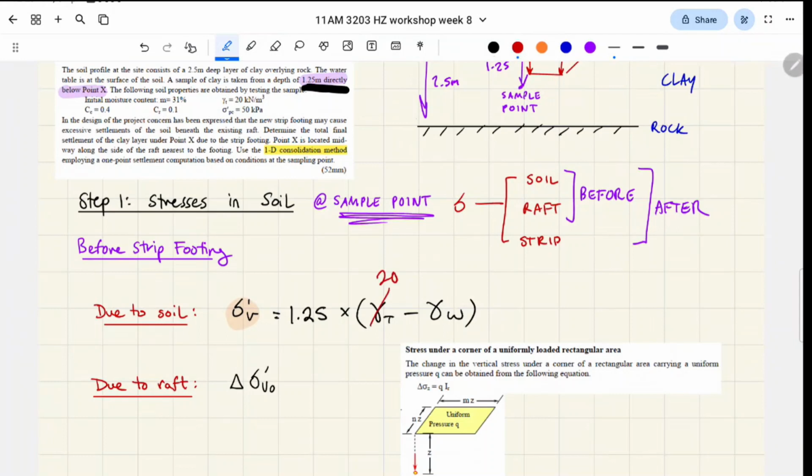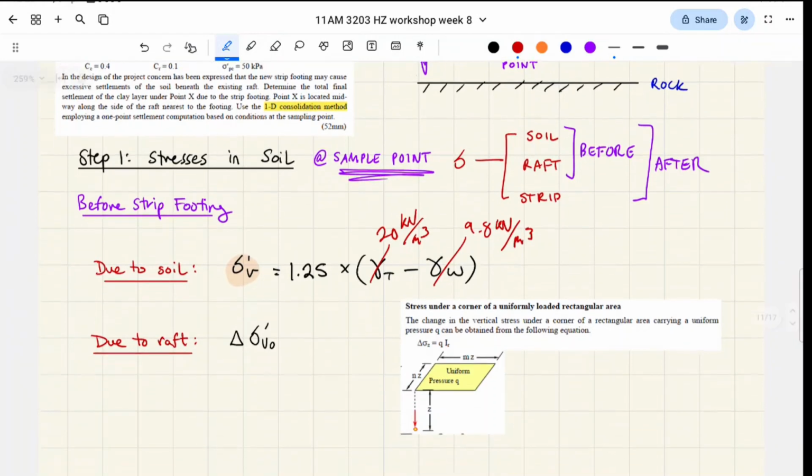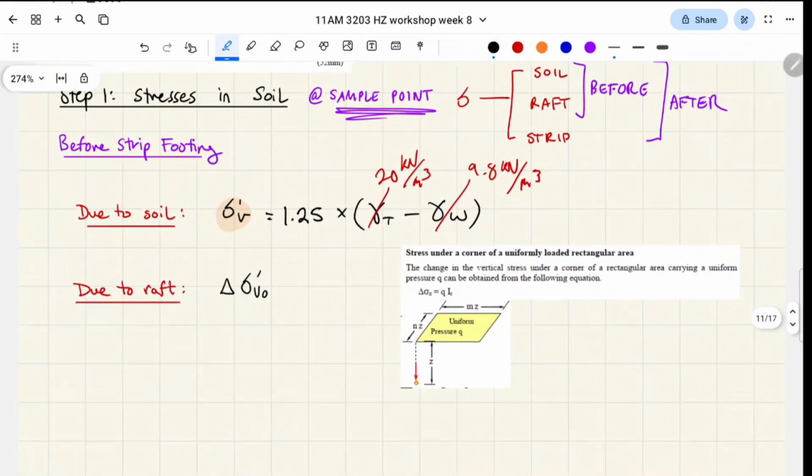This value was given to us as 20 kilonewtons per meter cubed, and this is 9.8 kilonewtons per meter cubed. That's just a known value for water, based on gravity. Okay, so hopefully this should make sense so far, right?